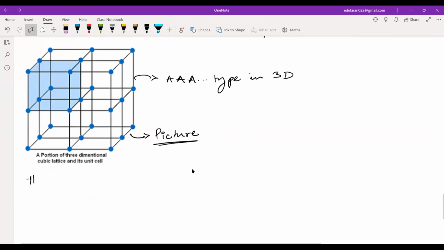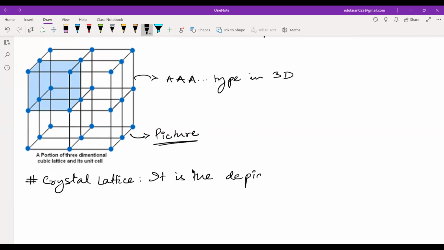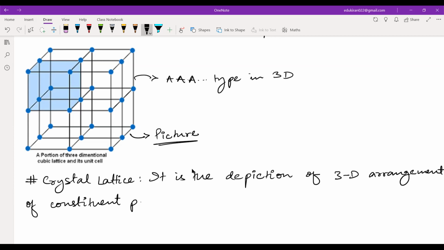So you write one statement and then we'll end the class. Crystal lattice: it is the depiction of the 3D arrangement of constituent particles, that means the atoms.